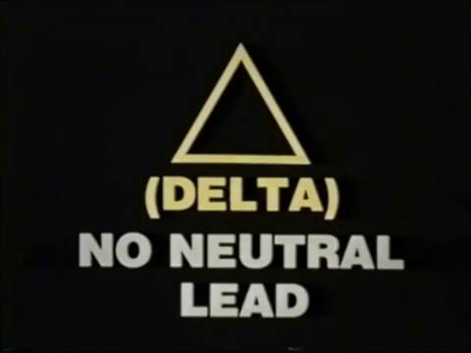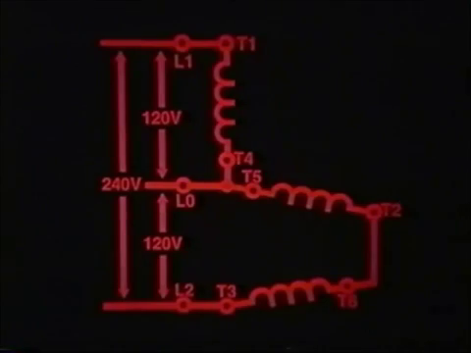You can now recognize Y or star connections with a neutral lead, as well as delta connections where additional leads are not neutral. You also are aware that both 6 and 12 lead alternators may be connected for total single-phase output as well as Y or delta connections.